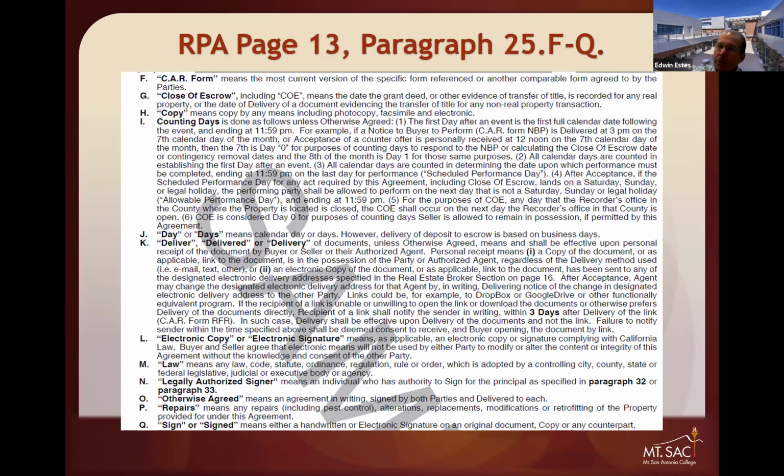Monday, Tuesday, Wednesday, Thursday, Friday, Saturday, Sunday, Monday, Tuesday, Wednesday, all the way through until the 2nd day, the 3rd day, the 5th day, the 7th day, the 17th day, right? Those are all our days.